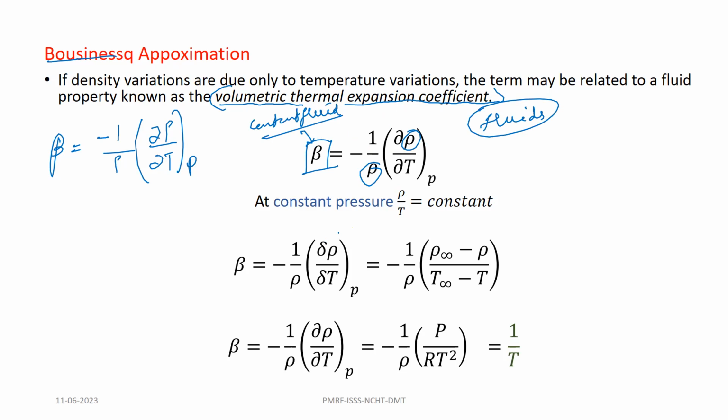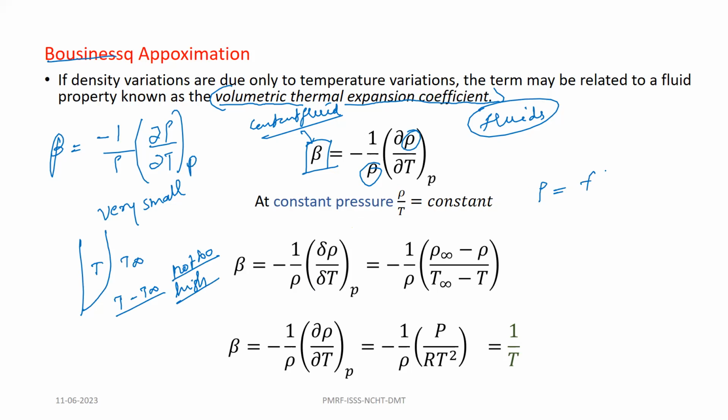Okay. So what he said is that for very small temperature variations, suppose inside this boundary layer there is T and T infinity, if that T minus T infinity is not too high, then we can relate density as a linear function of temperature.